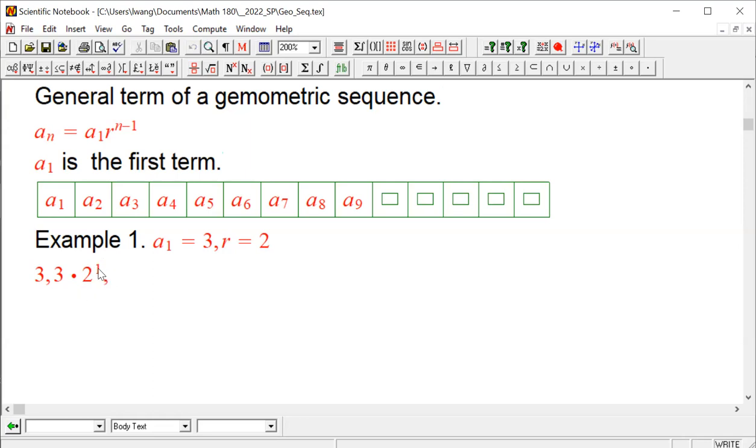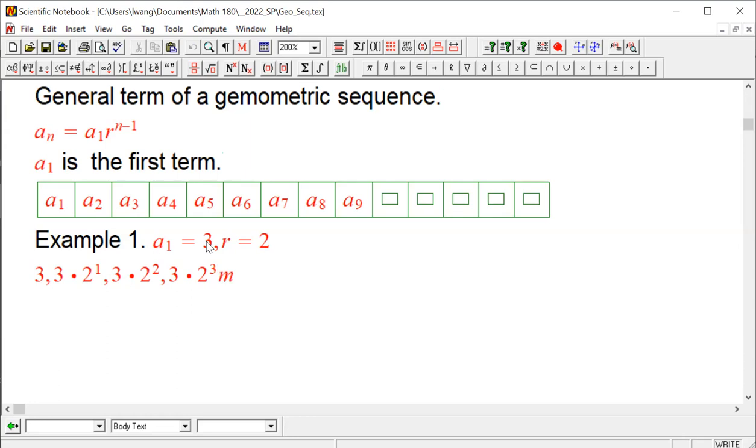And the next term, we can take the second term and multiply by another r, so it's going to be r squared. That's the third term. The fourth term, we just keep taking this quantity. The first term is 3, r is 2, and n is 1, 2, 3, 4. So 4 minus 1, that's going to be 3.